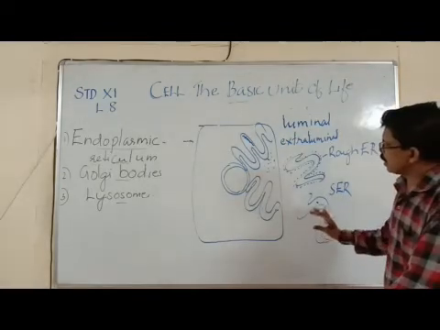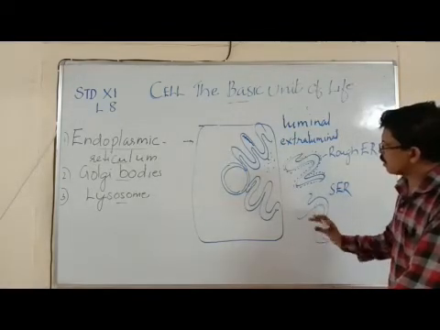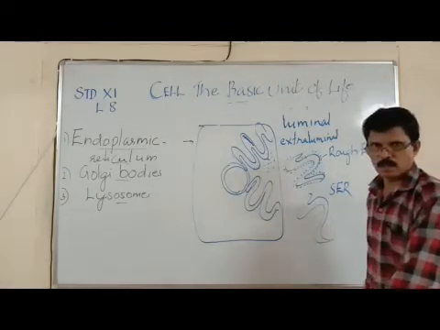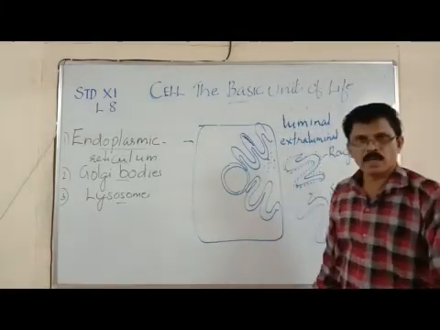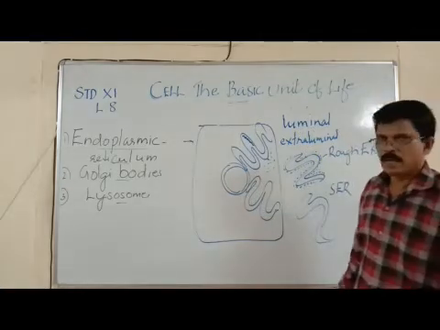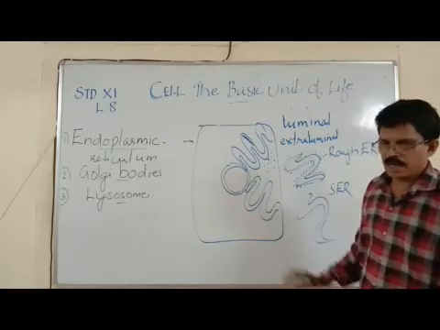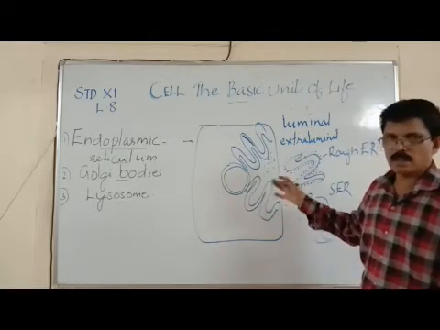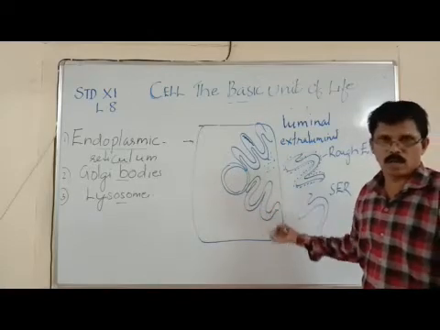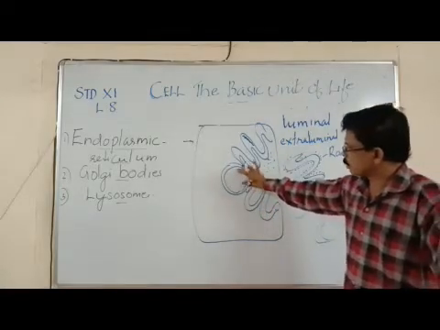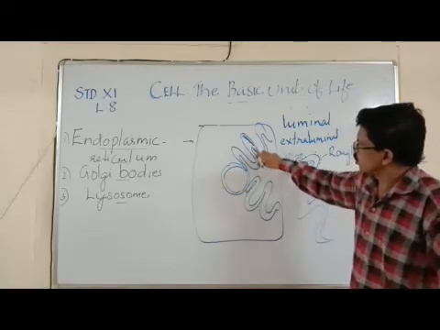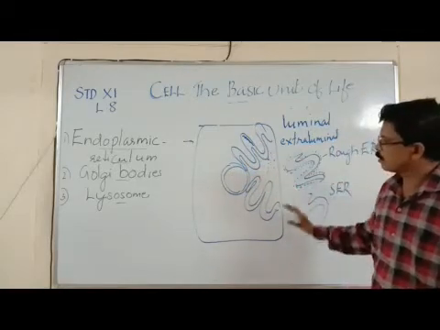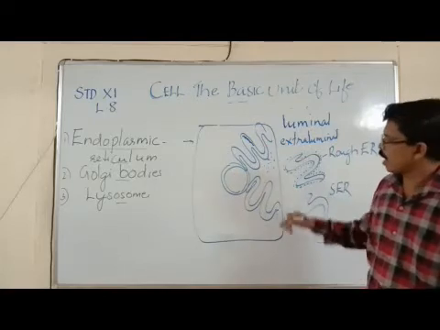They help in the intra and extracellular transportation of materials. The first function of the endoplasmic reticulum is that it helps in transportation intracellularly and extracellularly. It means that the protein synthesized will be carried through this. It can also carry materials outside the cell.